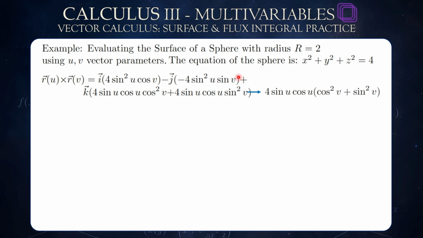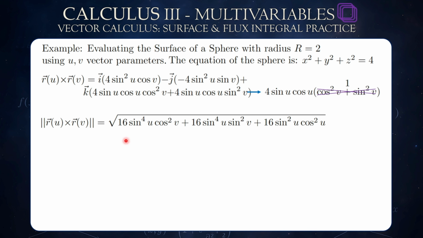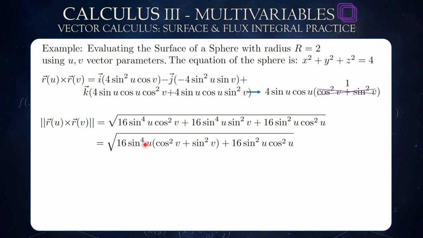Now after that, the magnitude of ru cross rv is equal to the square root of x squared, which is 4 sine square u cosine v, plus y squared, which is 4 sine square u sine v, plus the last component, 16 sine square u cosine square u, equal to 16 sine square u times cosine square v plus sine square v, which is also 1, plus 16 sine square u cosine square u.